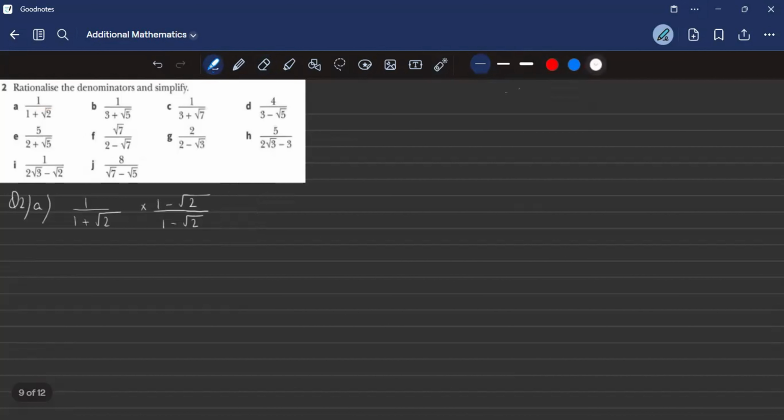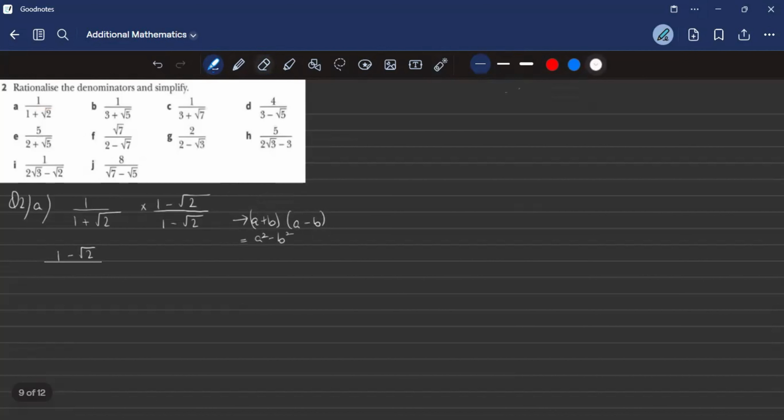So 1 multiplied by 1 minus under root 2 is 1 minus under root 2, obviously, divided by 1 plus under root 2 and 1 minus under root 2. This is the identity a plus b multiplied by a minus b, which equals a squared minus b squared.